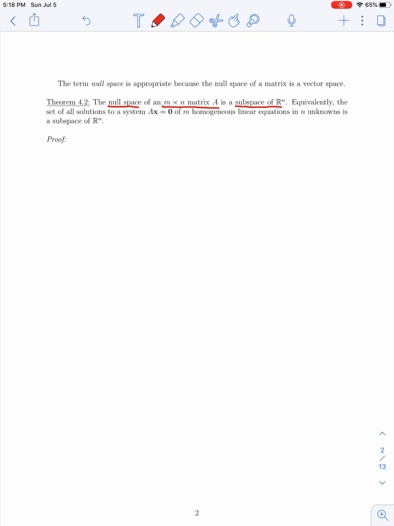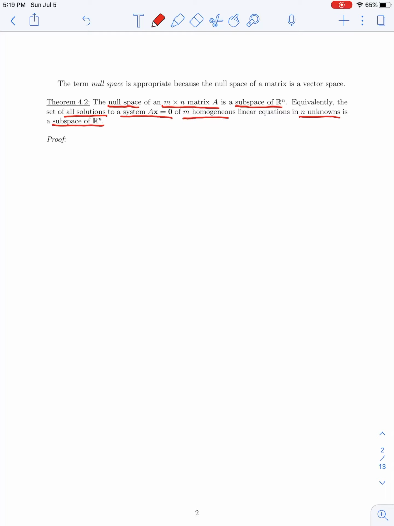Equivalently, the set of all solutions to a homogeneous linear system, AX equals 0, which would consist of M homogeneous linear equations in N variables, is a subspace of Rn.